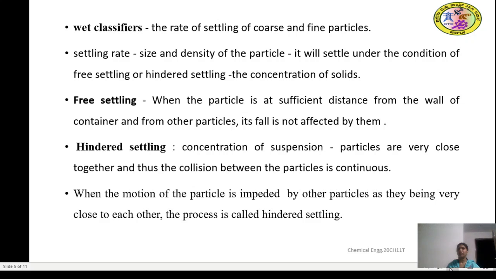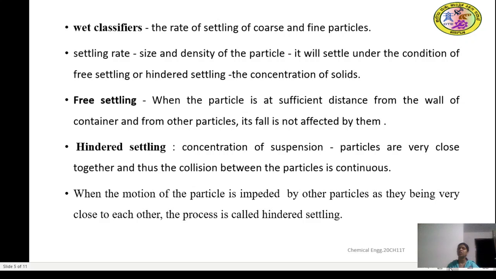Now we have taken a slurry containing many particles. Suppose in a container we put a slurry containing many particles and allow the particles to settle. When the particle is at a sufficient distance from the wall of the container and from other particles, its fall or settling is not affected by them.